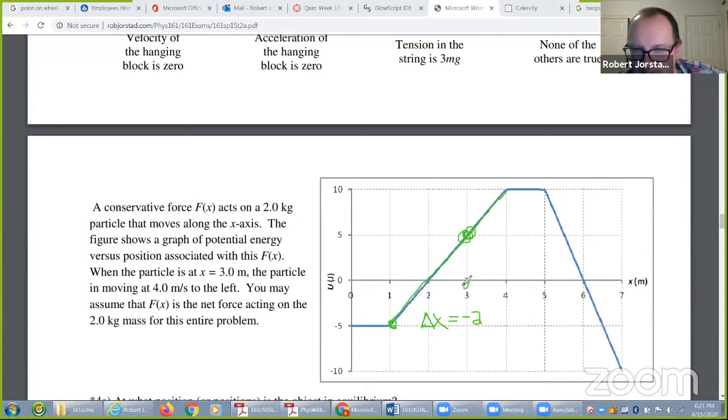This is what's weird about these graphs. You have to think about the marble rolling left, right, but it's as if it's going on this track. It's not really going up and down. It's basically going purely left, right. So if I go from this x coordinate to this x coordinate, my delta x is -2.